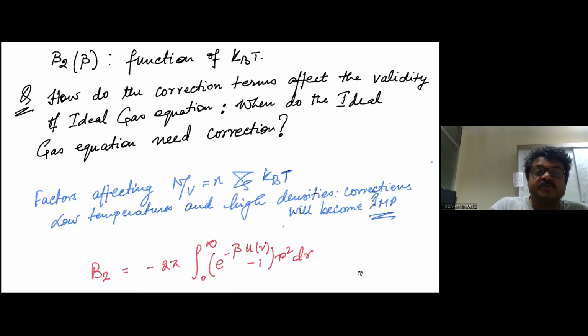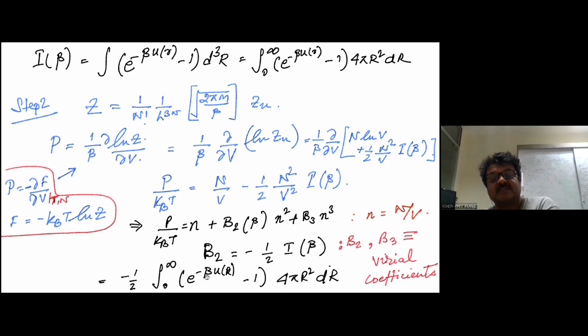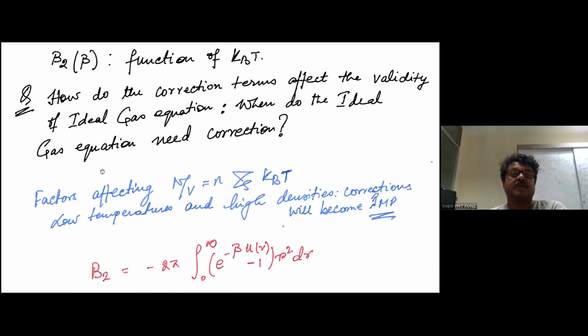And what to do with that? Just to remind you that the second virial coefficient, of course, is a function of kBT, and you can explicitly see that there's a beta sitting here. The integration is over r, so even after integrating, we'll have a beta in the expression for B2. This is what we have already discussed. The point is, how do the correction terms affect the validity of the ideal gas equation?